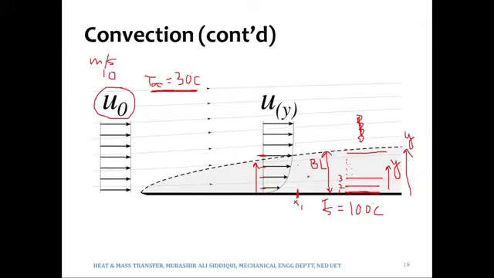However, if we have, for example, a molten metal flowing over the surface, that molten metal, of course, being a metal, would have a very high value of thermal conductivity. For example, if you go back and refer, the value of thermal conductivity for copper was about 400 watts per meter Kelvin, right?